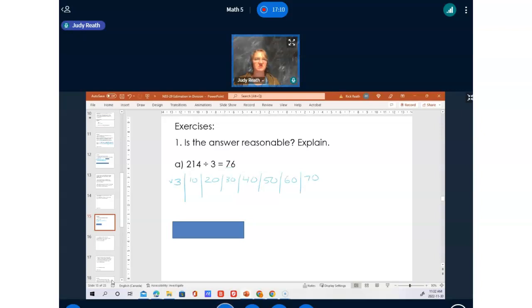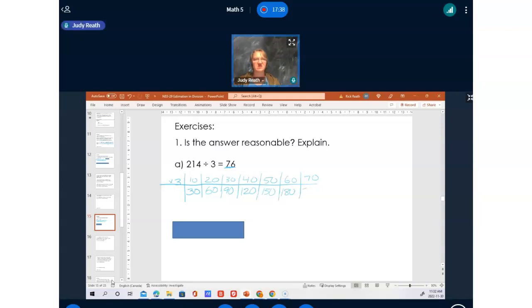We would go up to 70 because we have 76 here. And we want to know if the answer should be close to 70 or not. 3 times 10 would be 30. 3 times 20 would be 60. 3 times 30 is 90. 3 times 40, 120. 3 times 50, 150. 3 times 60, 180.